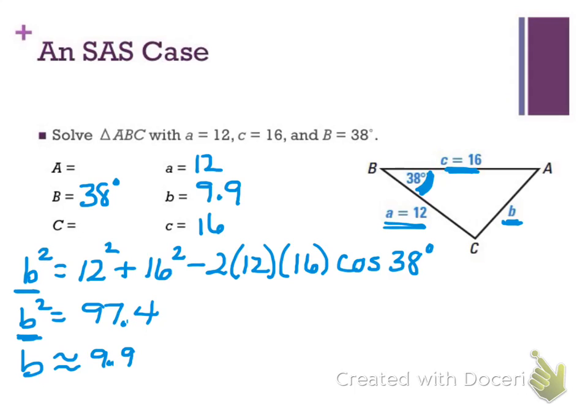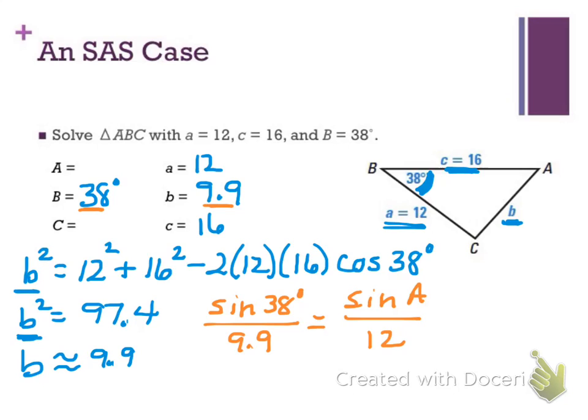Now, because I've just been able to find side B, that means I can now also find the other pieces because now law of sines fits. So now I have angle B across from side B, so I can set up the ratio that the sine of 38 over the side 9.9 will have to be equal to the sine of whatever angle A is over side A of 12.